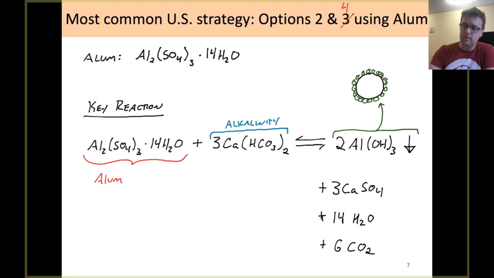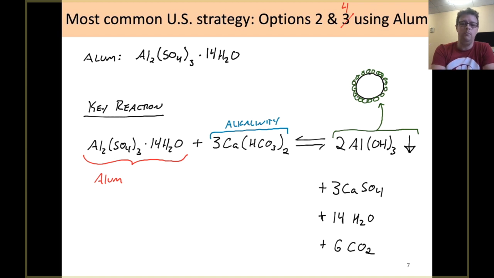Alright folks, so what I care that you understand here is, one, that we've got these colloidal particles. We know that they can be a risk to downstream users, both in terms of their health and well-being and their preferences for taste and coloration. And we've got several strategies that rely on our basic chemistry understanding to get these to settle out.